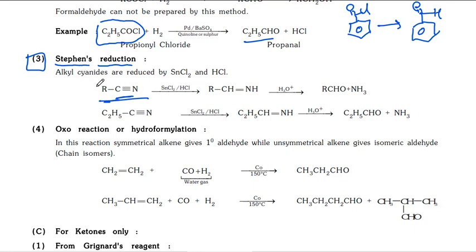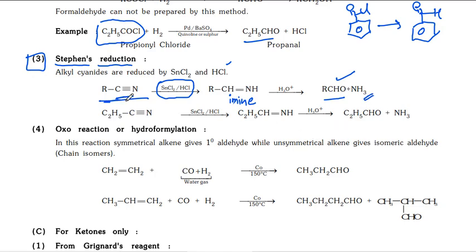So whenever Stephen is there, cyanide and tin chloride in the presence of HCl give imine. Amine means NH2, double bond NH is called imine. By hydrolysis it gives aldehyde, ammonia is the byproduct.